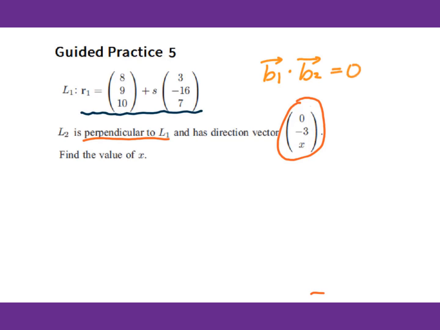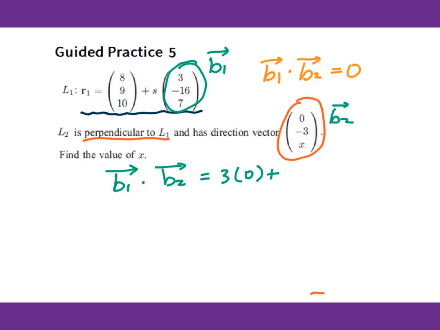We know this is B1 and this is B2. So B1 times B2 equals 3 times 0 plus negative 16 times negative 3 plus 7 times x.